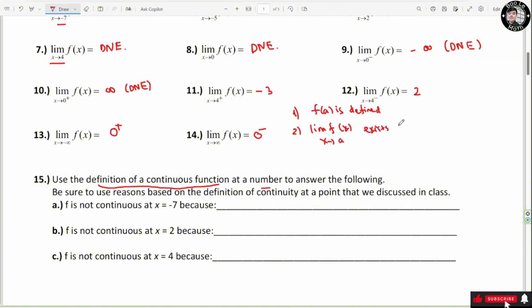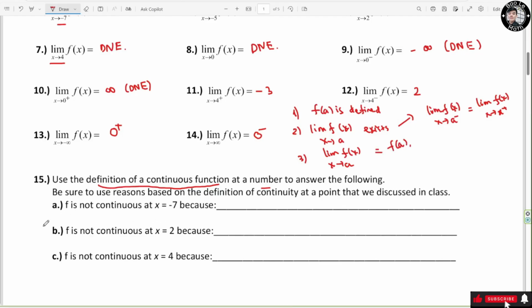What does it mean? It means limit of the function f of s when s approaches a minus equals limit of the function f of s when s approaches a plus. Number 3, limit of the function f of s when s approaches a equals f of a.